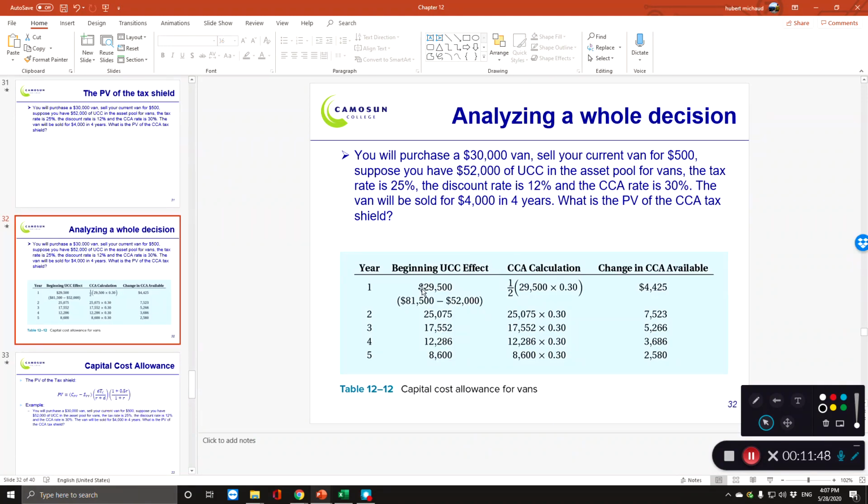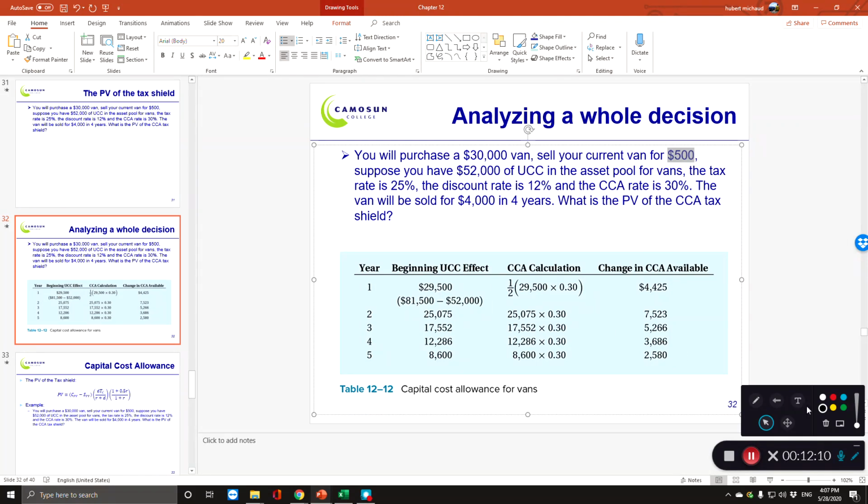Okay, at the beginning of the year, I didn't say that earlier, but if you sell an asset from an asset pool, the class UCC will go down by that amount. So I bought a van for 30,000. I sold a van for 500.